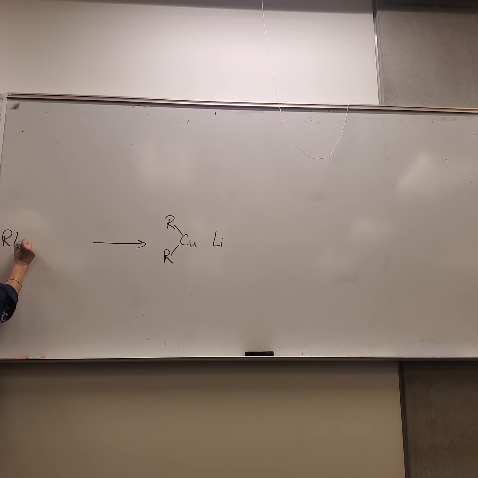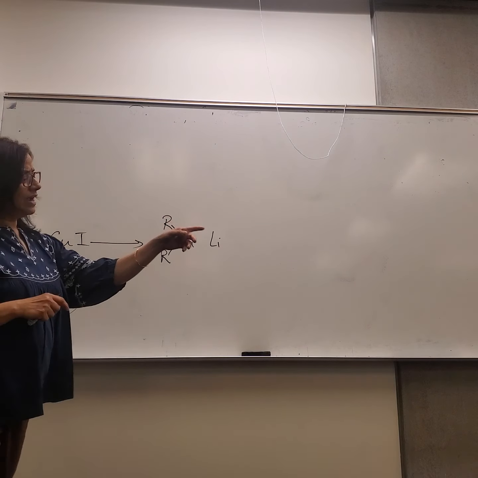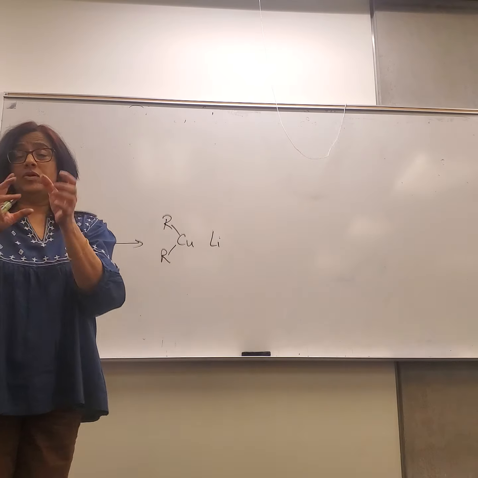So how many of this will I need to get 2 R's? 2 of those? Yes. And how many of this will I need? 1. So that's a 2:1 ratio, or 1:half. If I take 2 of this, I need 1 of that. If I take 4 of this, I need 2. If I take 1 of this, I need half. It's basically that ratio, stoichiometry. Because the way I wrote that, I was starting with 1, 1, 1, so the copper has to be half.